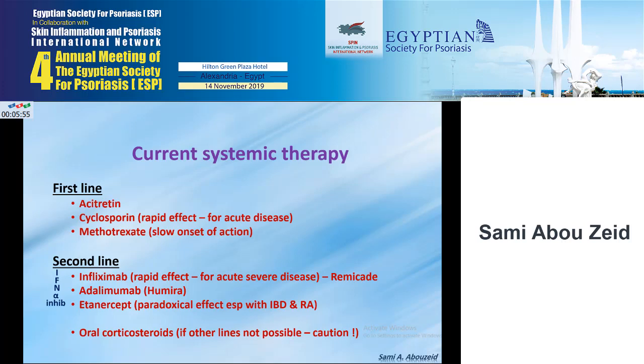And oral corticosteroids, if other lines are not possible, and there must be caution in their use with very gradual withdrawal. And we have to use these drugs in pregnancy.